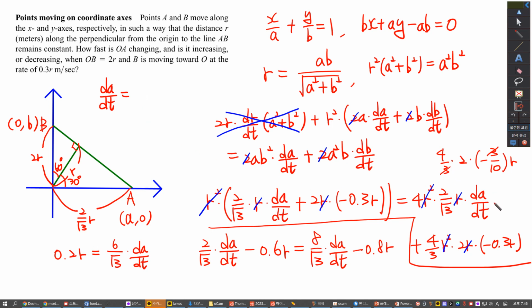Because 6 divided by square root of 3 is 2 times the square root of 3, and let's change this to 1 fifth.